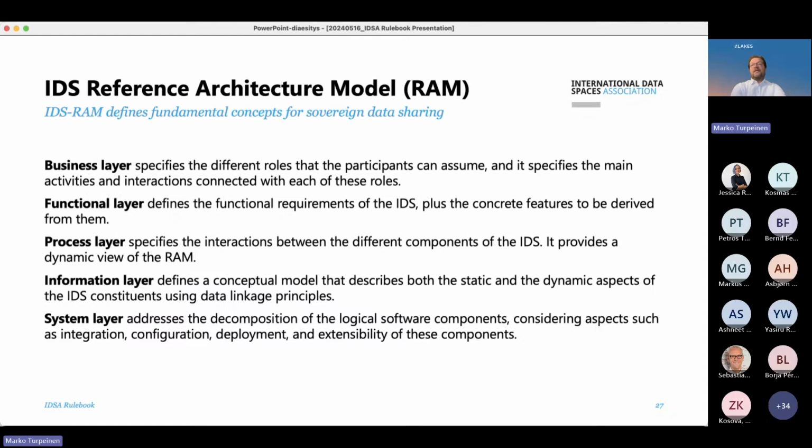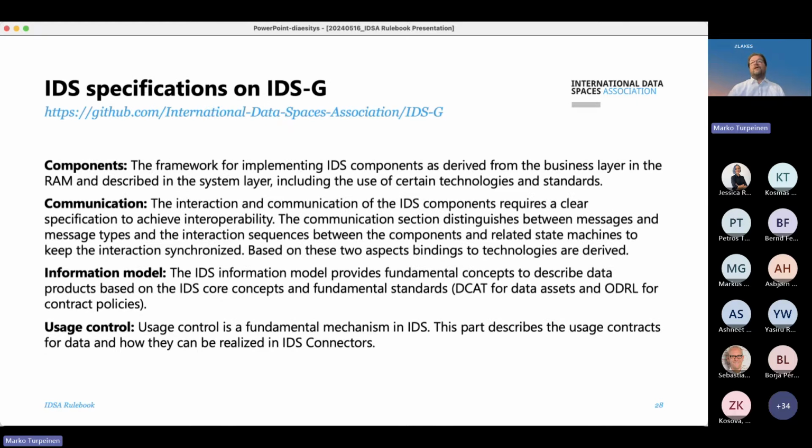Technical agreement. Again, I won't go into much detail here, but I do think that the IDSA RAM work has been influenced by the work that has been done in the rulebook working group, and the current activities in the RAM working group are definitely going fast forwards. So there's a very strong link between the RAM and the rulebook, obviously.